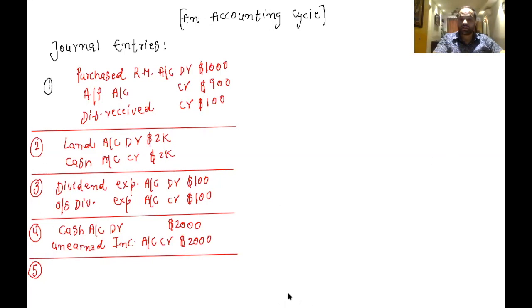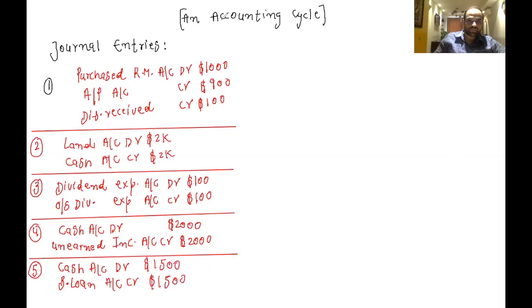Cash account debit and bank loan account credit. Amount is 1,500. Okay.